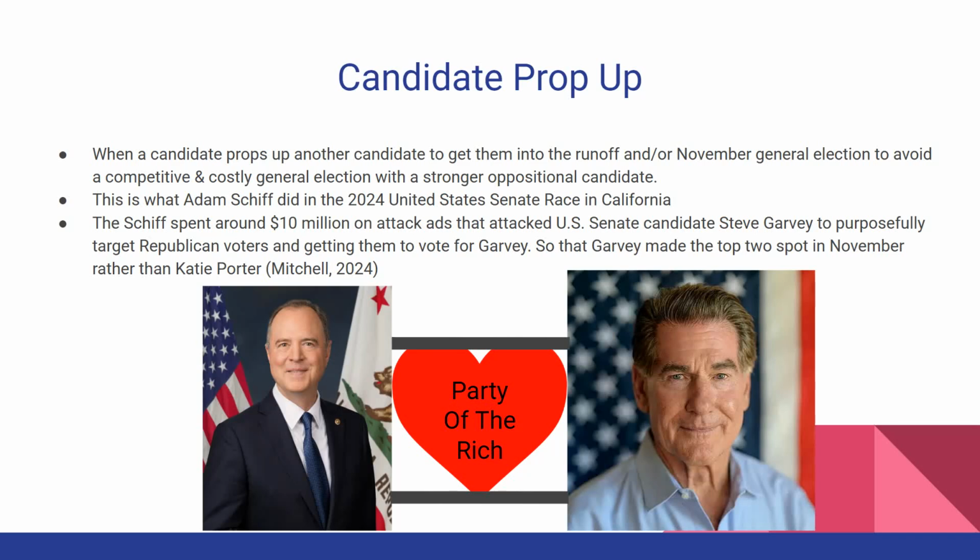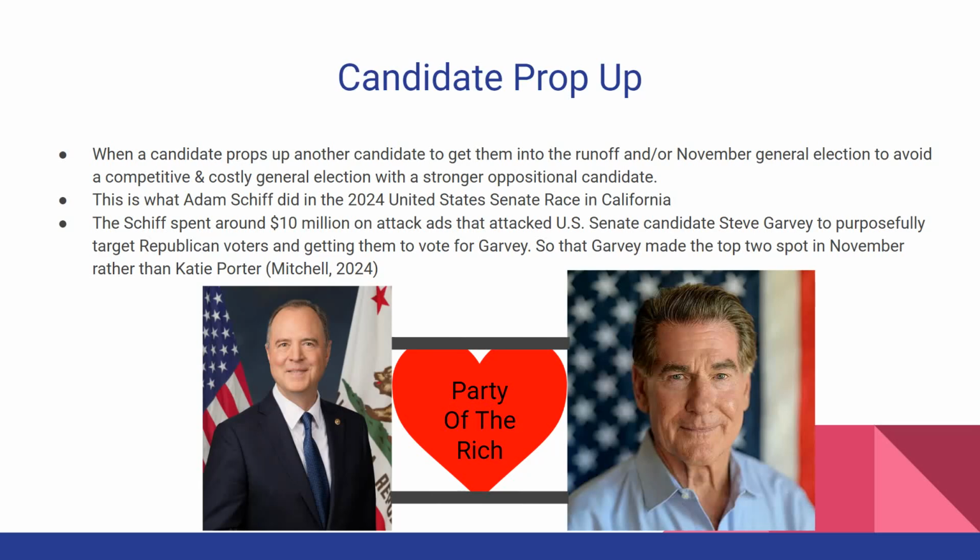But I digress. The point I'm making is that even though same party general elections lead to competitive elections, since a Republican doesn't really stand a big chance to win a U.S. Senate seat in California, it makes it more realistic for Republicans to get another Democrat such as Katie Porter into the top two spot over getting Garvey in the top two spot, because Katie Porter would have made the race a lot more competitive and a lot closer, which would have challenged the wealthy establishment.